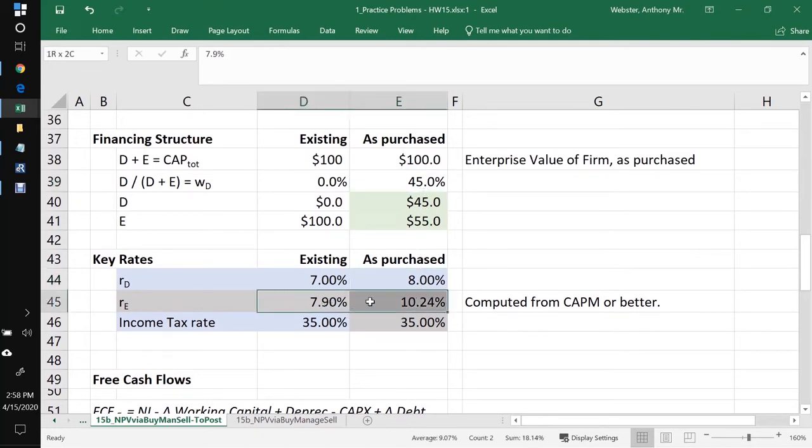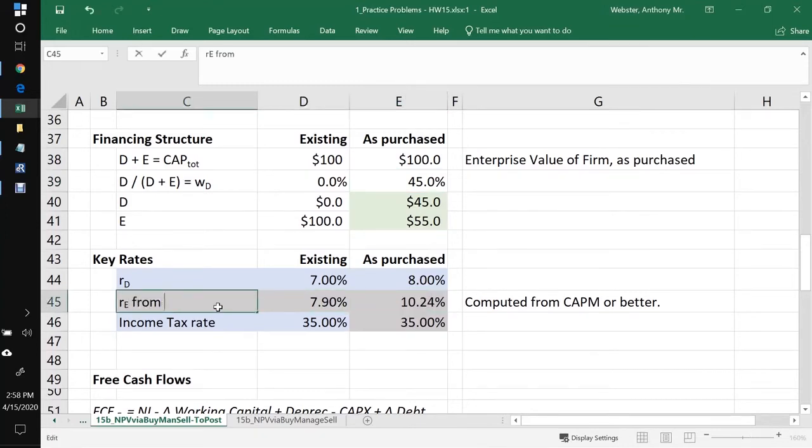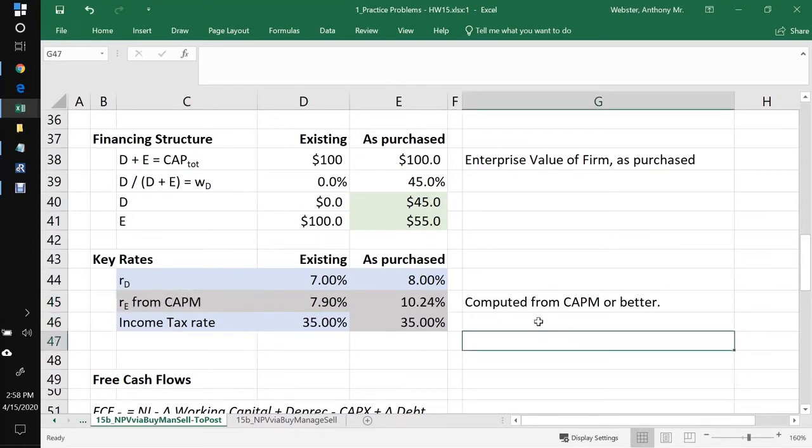And the same thing is true with cost of equity capital. Again, I got these costs of equity capital from CAPM. If the firm is unlevered, the cost of equity capital should always be higher than the pre-tax cost of debt capital, because even if a firm is unlevered, if it goes bankrupt, the shareholders are pretty much going to be wiped out.